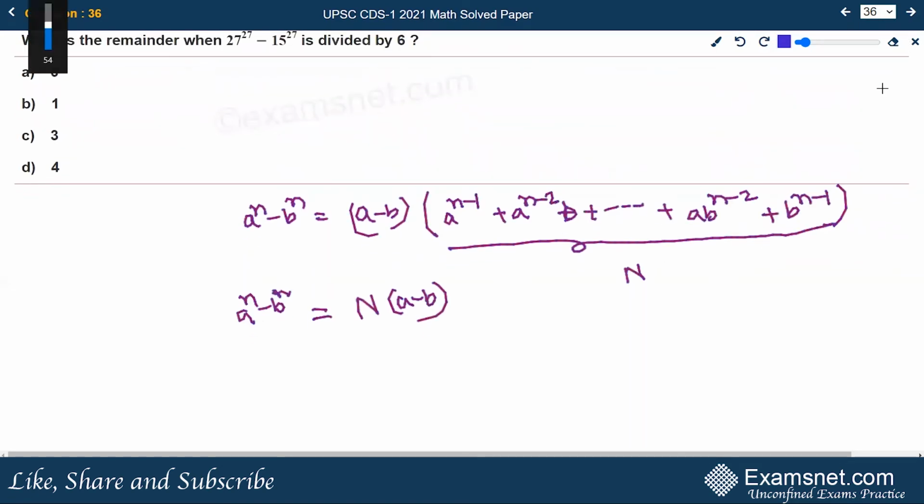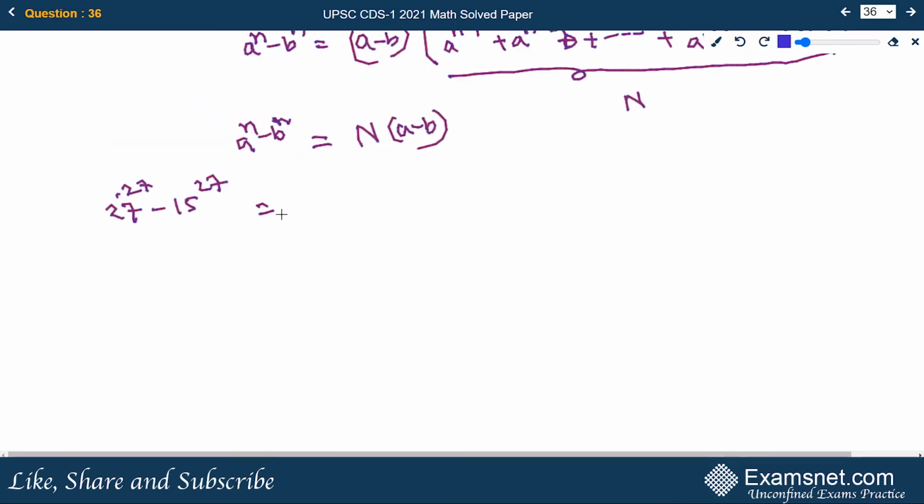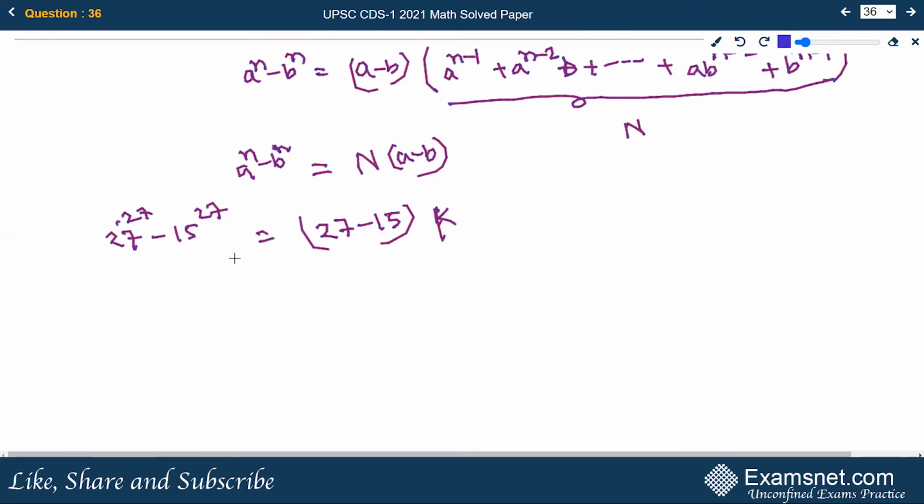With the help of the same formula, I am going to evaluate 127 to the power 27 minus 15 to the power 27. We can get something like 127 minus 15 multiplied by k, where k is the rest part. Now 127 minus 15 is 112k.